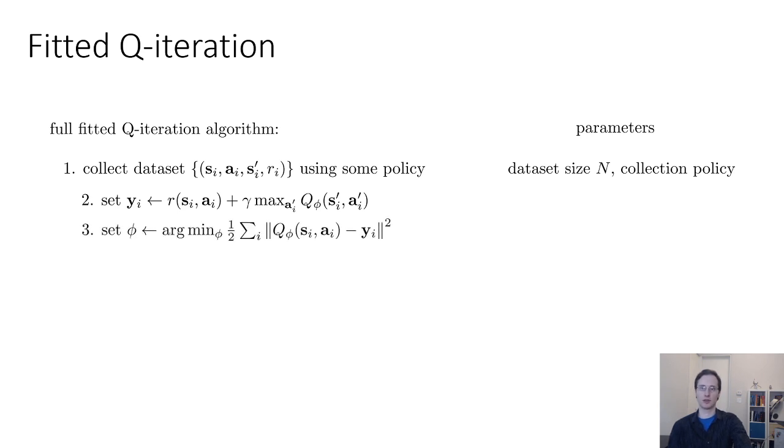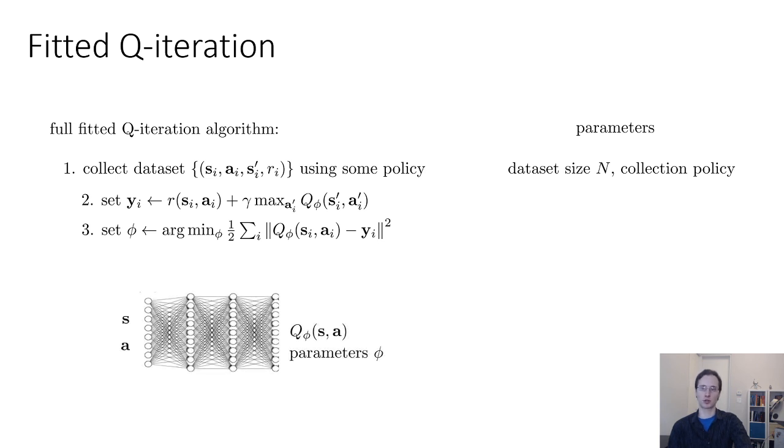Step 3, train a new Q function, which means find a new parameter vector phi, by minimizing the difference between the values of Q phi Si ai and the corresponding target value yi. So you have a Q function which takes as input S and A, it outputs a scalar value, and it has parameters phi.